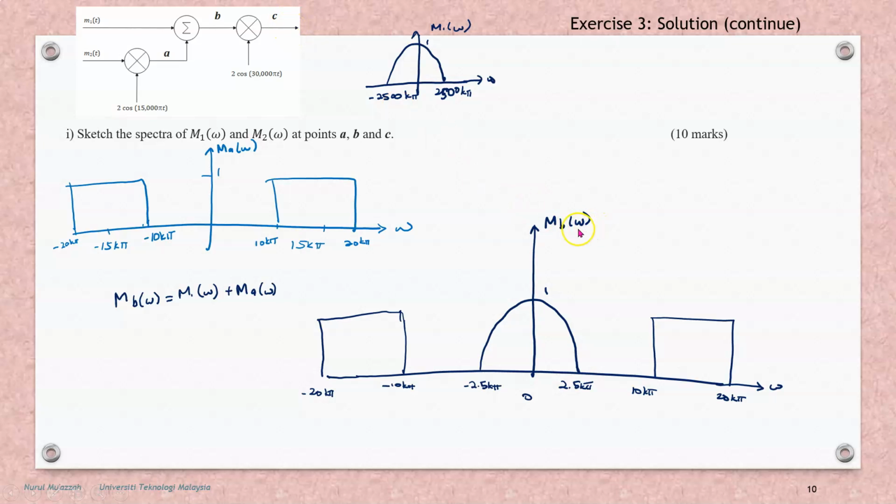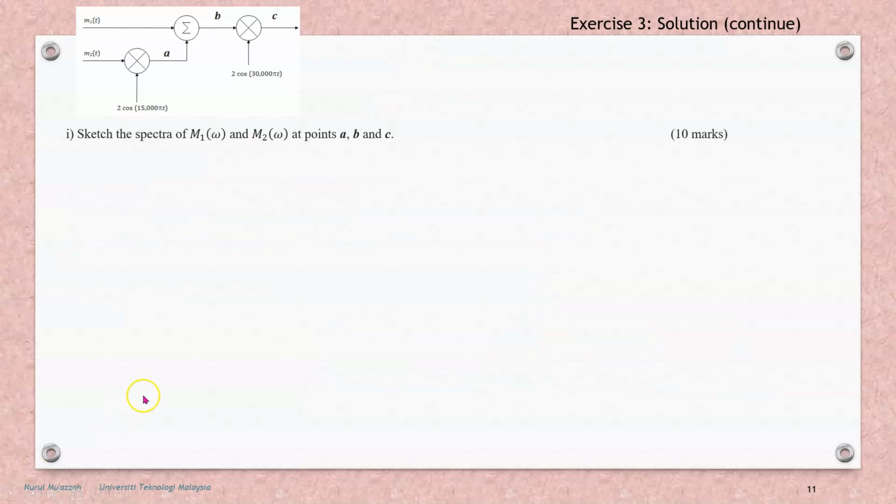It means that M_B(omega) here is being modulated with 2 cosine 30,000 pi t. So let me answer here on the page. At point C, let me put M_B in the time domain as M_B(t) multiplied by 2 cosine 30,000 pi t.